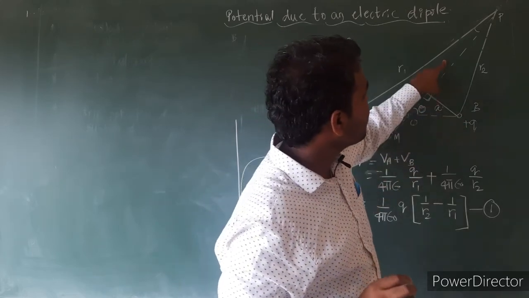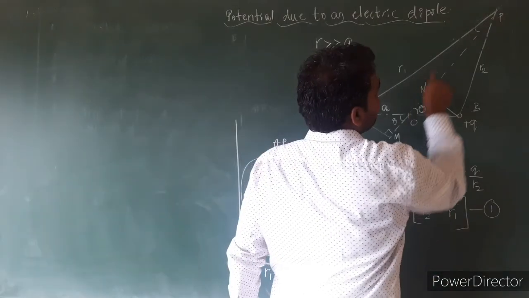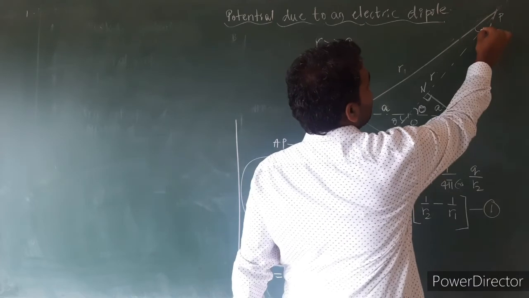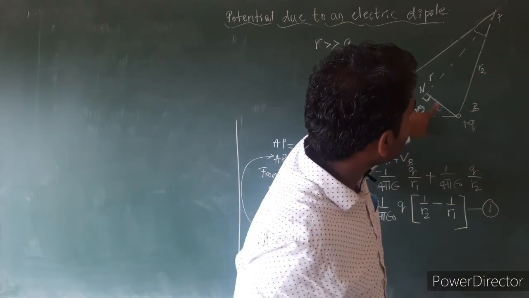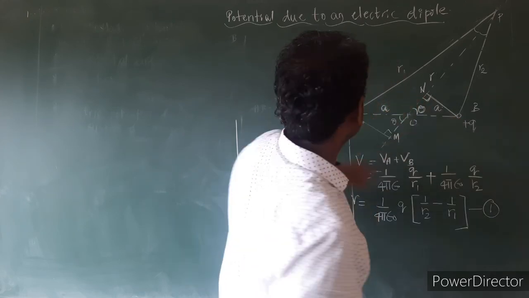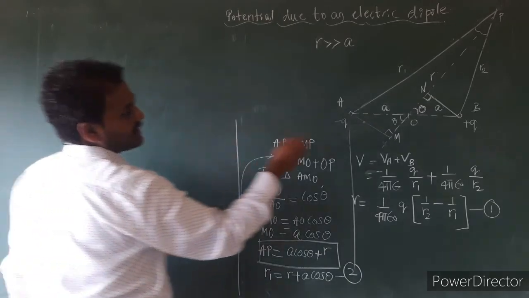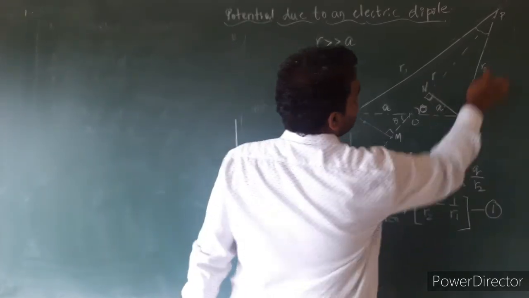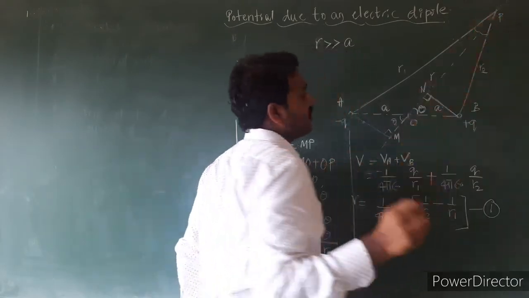Now I consider these two lines, B to P and N to P. These two are also making a very small angle between each other, and there is a perpendicular line from one point to another line. So, from the geometrical configuration I can clearly write BP is equal to NP. Why?